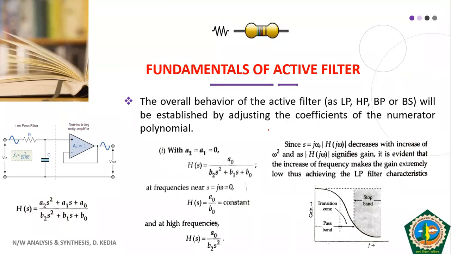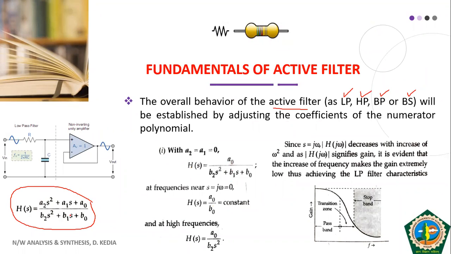So now we have talked about active filters in general. We have to look into active filters of various types, that is low pass active filter, high pass active filter, band pass active filter, and band stop active filter. As we have seen, this is the transfer function which will be defining different types of active filters.